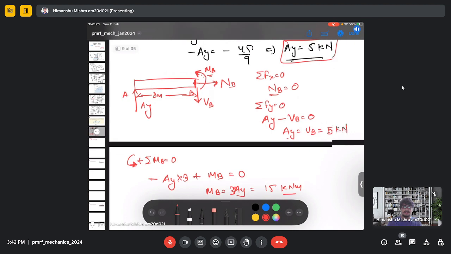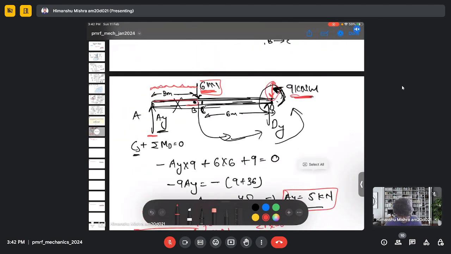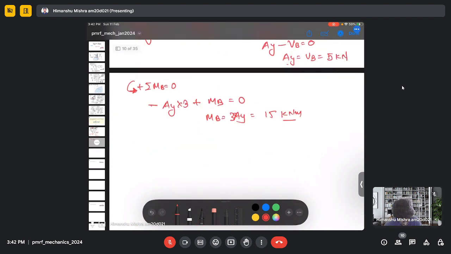Okay. Now let's consider this force also. So now we are moving a little ahead here, and we are considering this force as well. We are shifting just very little to this force.